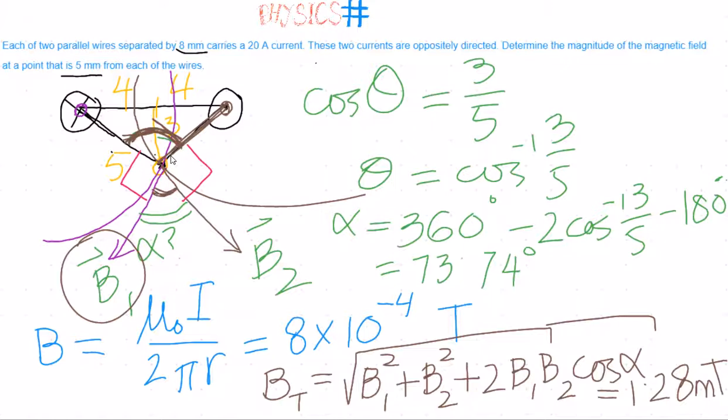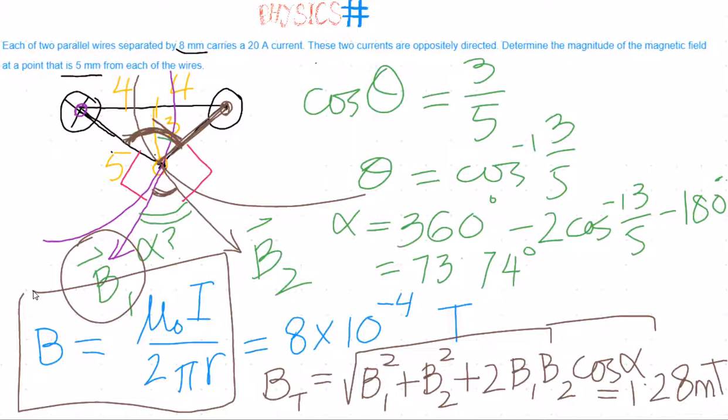If you know the formula beforehand, I'm going to provide a good website link where it talks about how you can derive this particular formula that I've been talking about, B equals mu naught I over 2 pi r. The derivation is quite simple if you know certain laws of physics.